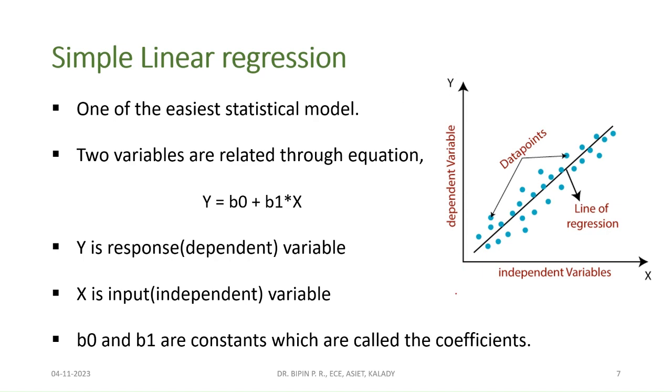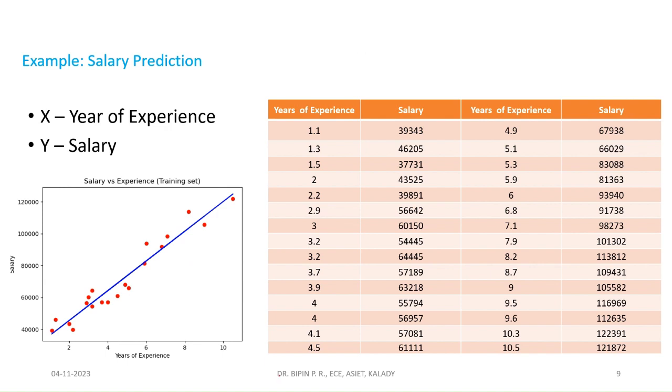Now we will plot all the data points. As an example, we have seen the salary data. Here the input is year of experience, the output is salary. So the input we have plotted on the x-axis, output on the y-axis.